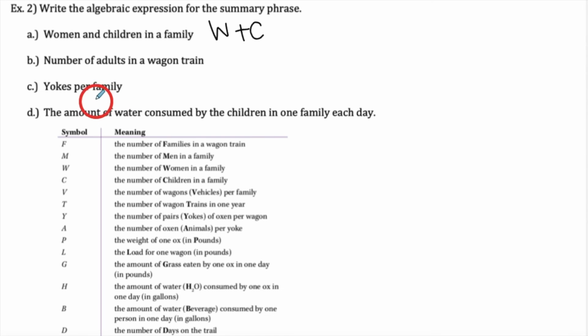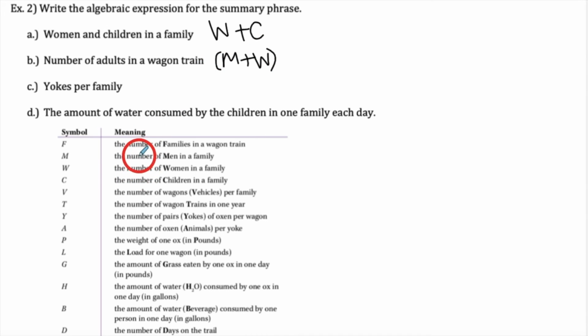To calculate the number of adults in a wagon train, I need to ask myself, who are the adults? I would say the men and women would be the adults. So I'd want to add the number of men plus the number of women. And that's per family.